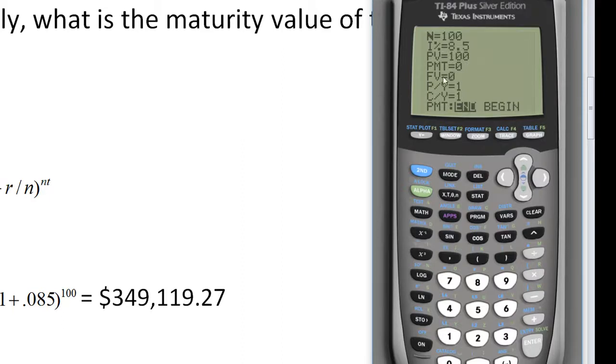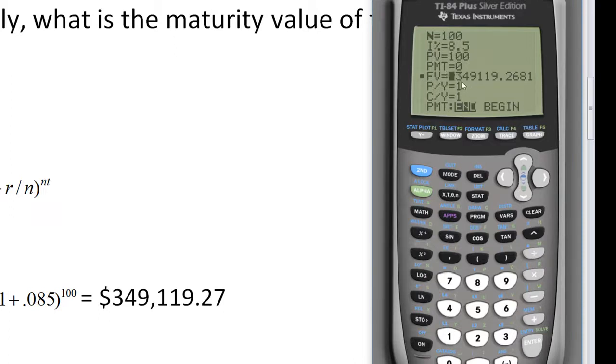And then I want to solve it, so I hit the green key, alpha, and then enter. Hit solve, so it's alpha solve, and then enter. And I get 349,119 rounded off to 0.27. And you can ignore the negative sign here.